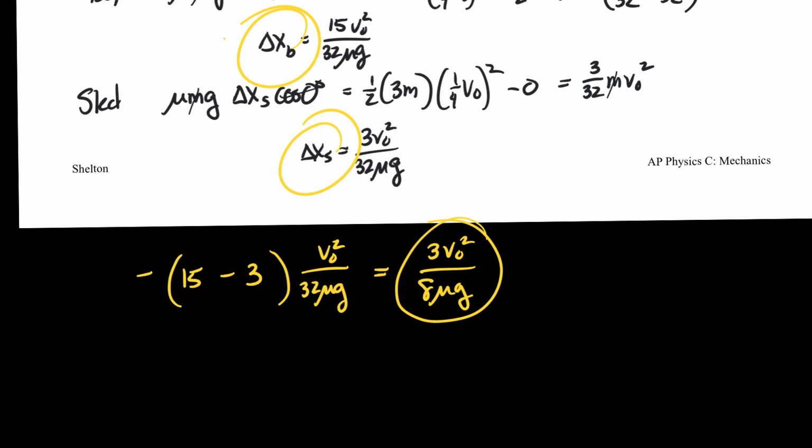One way to check your answer, because this is supposed to be delta x on sled, is to check units. v naught is a velocity, so it's in meters per second. Mu is the coefficient of friction. It has no units, so that's a unitless quantity. But g is going to be in meters per second squared. Now, if I look at this, that's meters squared per second squared divided by meters per second squared.